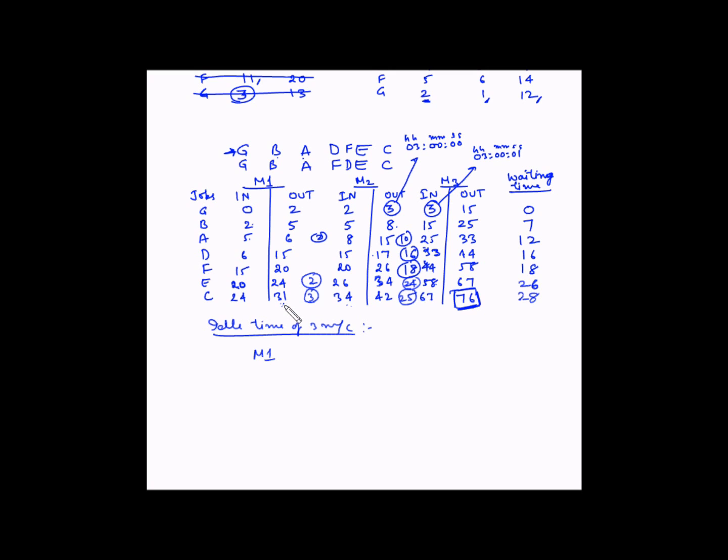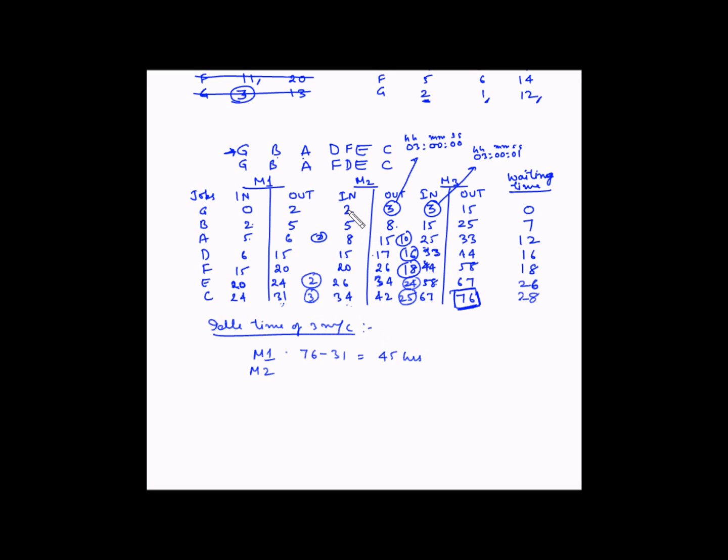Now after 31, it is idle till 76th hour. So M1 is idle for 76 minus 31, which is equal to 6 minus 1, 5, 7 minus 3, 4. So 45 hours. Let's do machine M2.